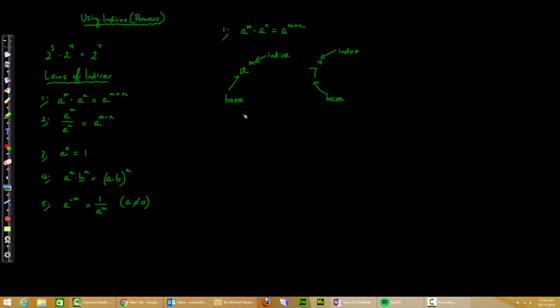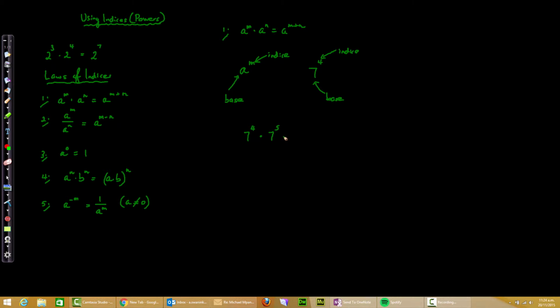What this is saying then is that if you've got something like, and let's take a numeric example to begin with, 7 to the power of 4, and we're multiplying it, say, with 7 to the power of 5. Now, notice in this rule up here that a is mentioned twice, so it has to be the same base.